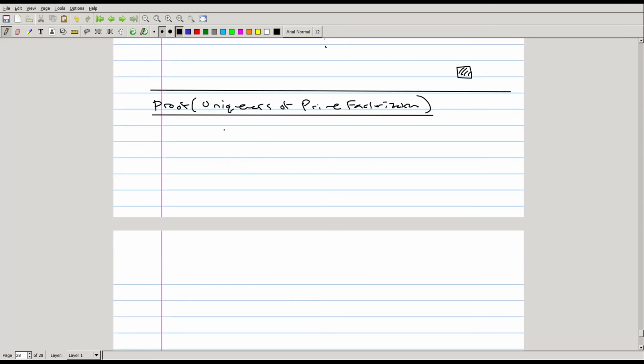So we suppose that n can be written as the product of primes p1 through ps, and that it can be written as the product q1 all the way up to qt, where each pi and qj are ordered primes.